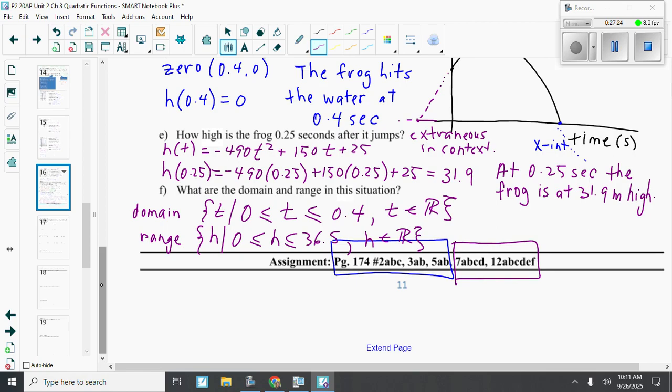I'm going to make one more change, guys, as I'm looking carefully at my notes. My function is technically H at T, not just H. If this was like a Y and I'm writing it in function notation, it's not just H. H is a variable, but the function is H at T. And then that one would also be fixed up here.